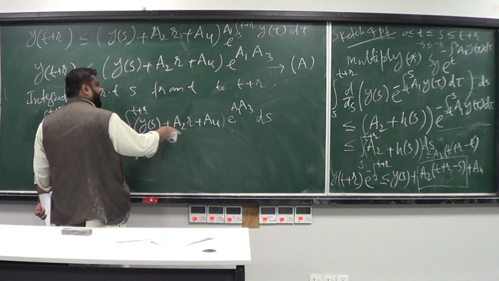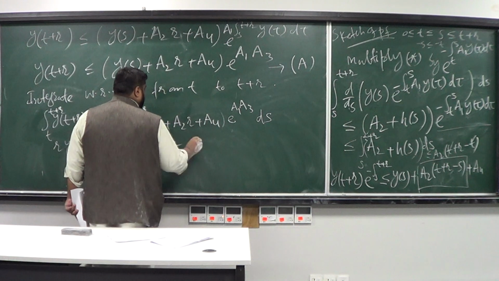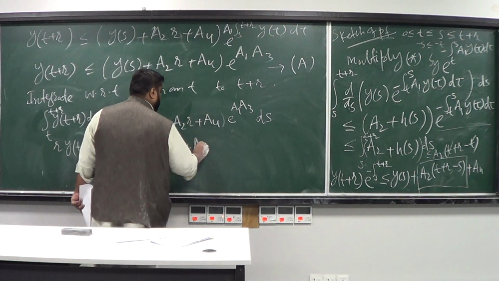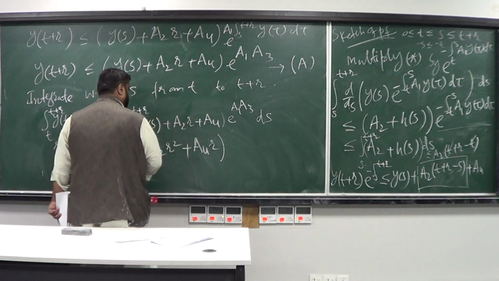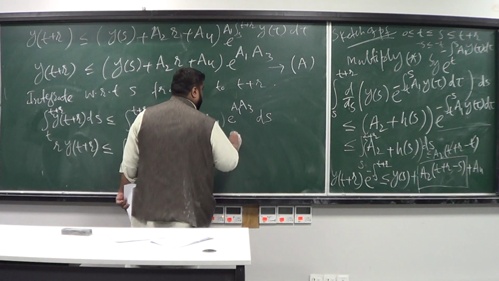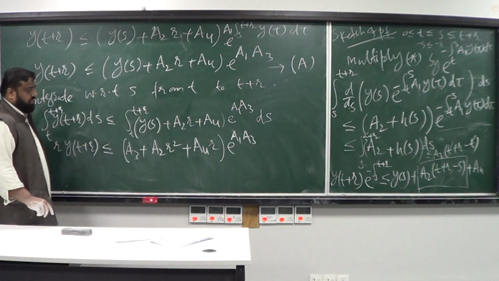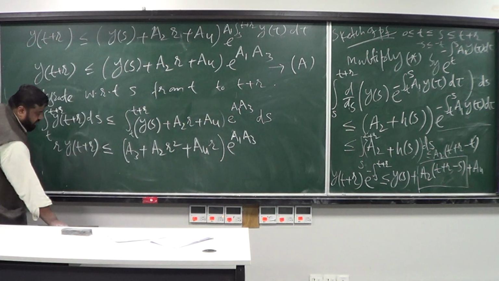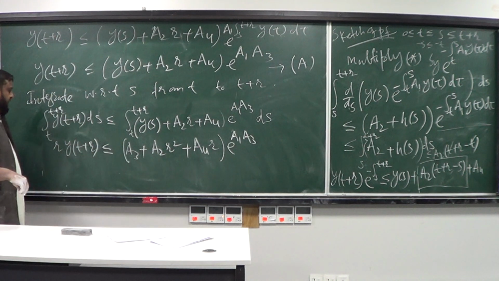There is no s here, so it's going to be a2 r squared, plus a4 r, and you're going to have e raised to a1 a3. That's how it's going to look, and we got rid of the y of s.